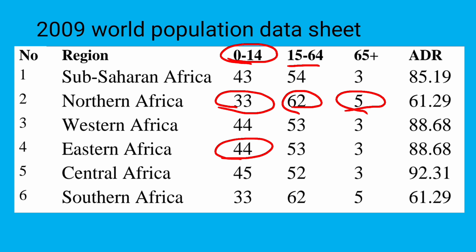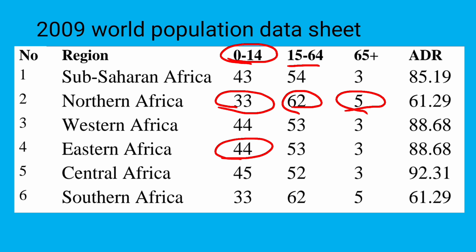So, students, what we are generally understanding from this data is that the highest age proportion in the African population data of the datasheet is the workforce.